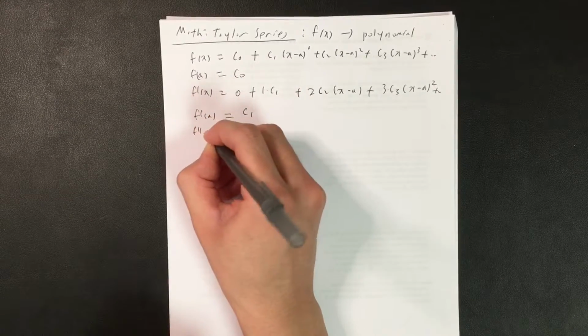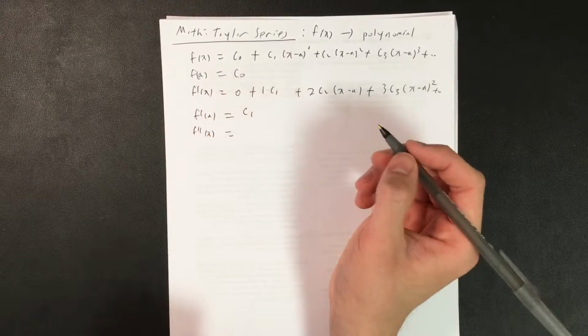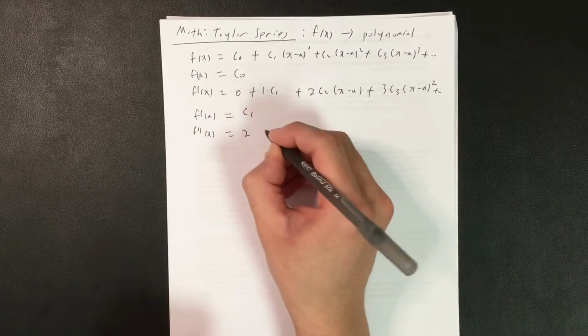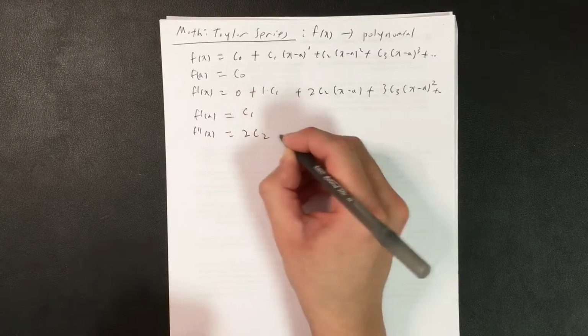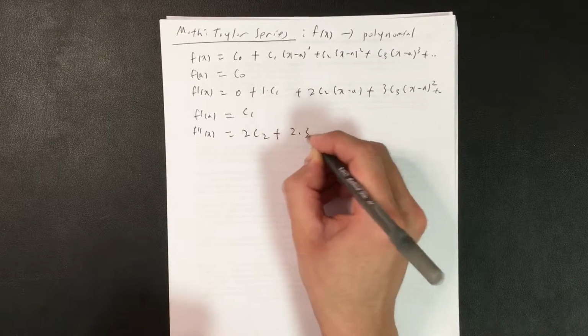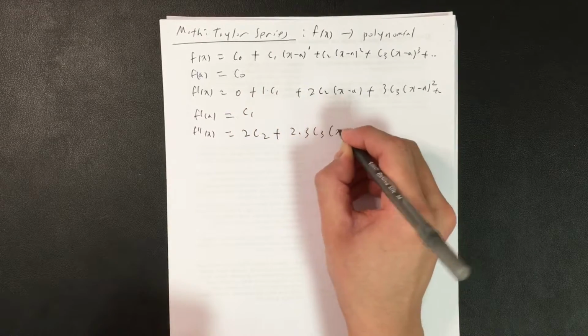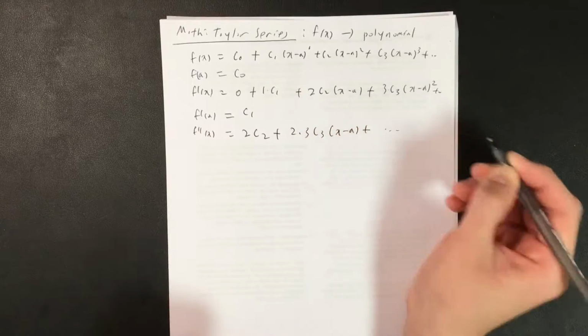Taking the second derivative of this function, f double prime of x is in the form of 2 times c2 plus 2 times 3 times c3 times x minus a, and so on.